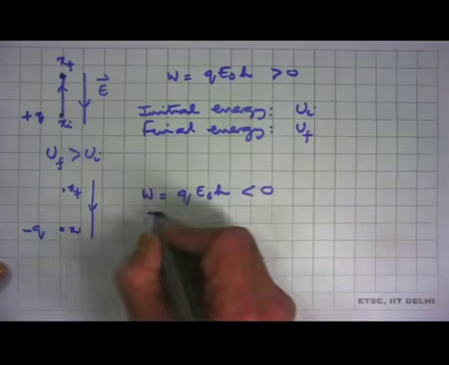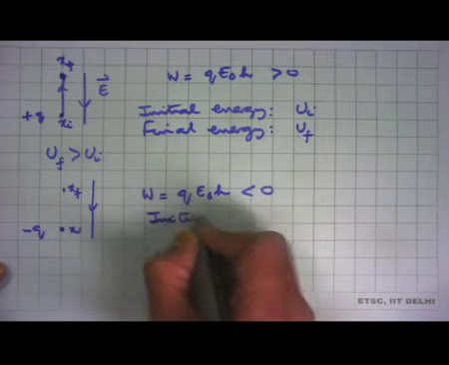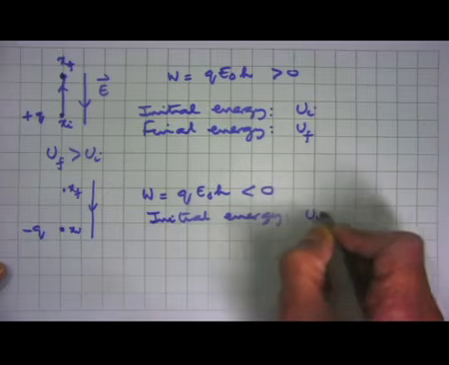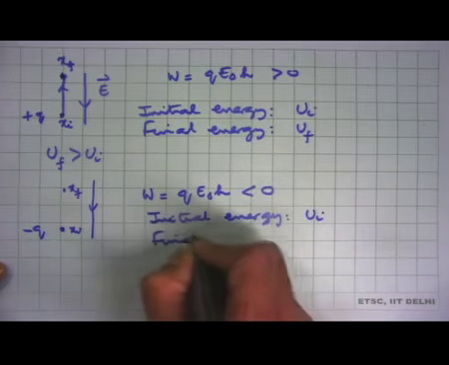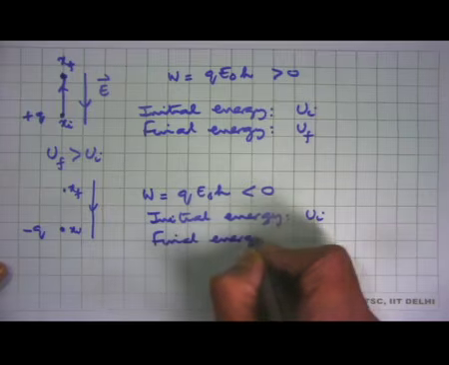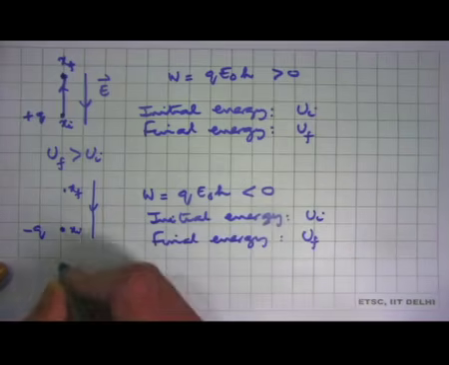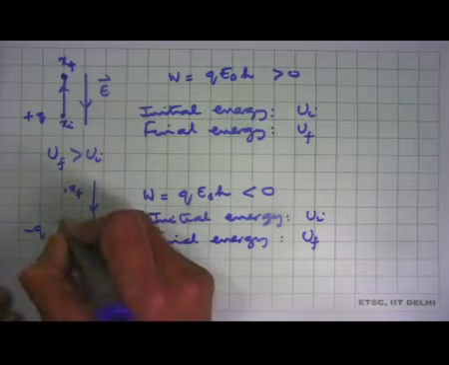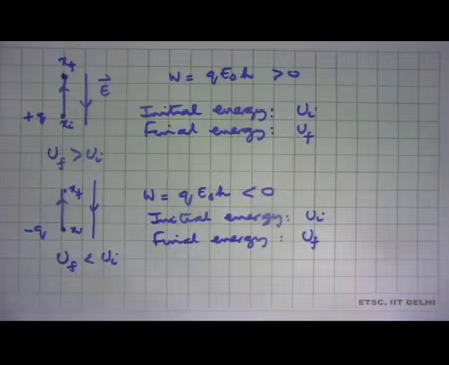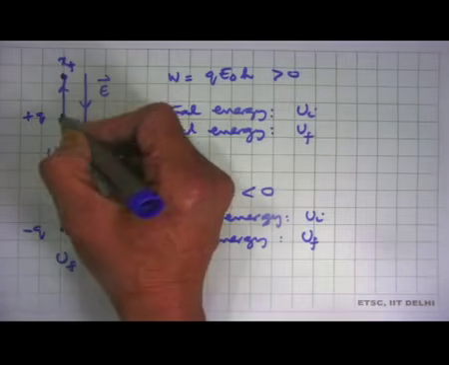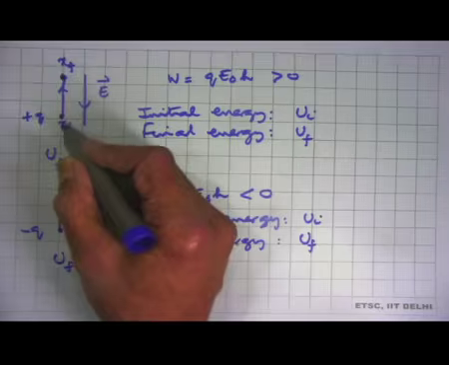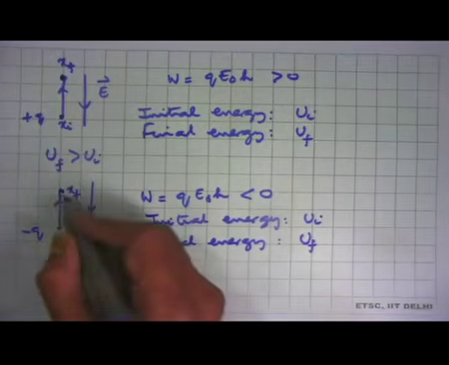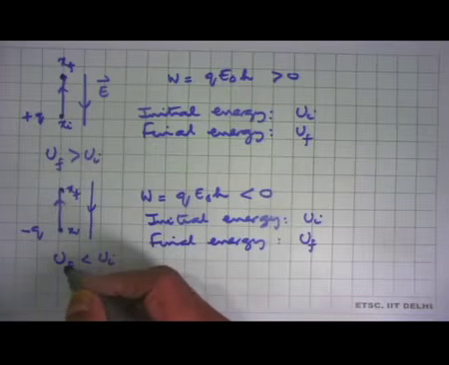If the initial energy is again ui and the final energy is uf, in this case uf is less than ui. So, in moving a positive charge from xi to xf, I have increased the potential energy of the charge. In moving a negative charge from xi to xf, the potential energy has decreased.